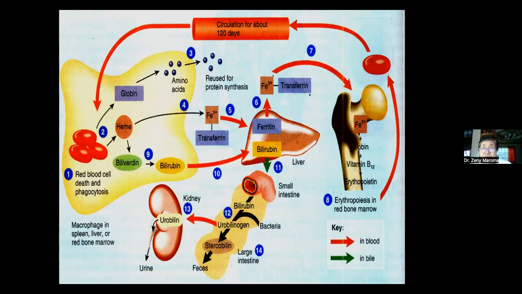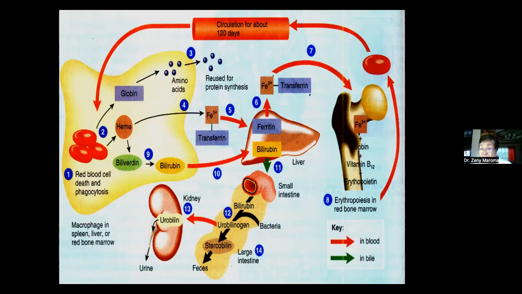When there's renal hypoxia, erythropoietin is released by the kidney, and this will stimulate the bone marrow to produce RBC.